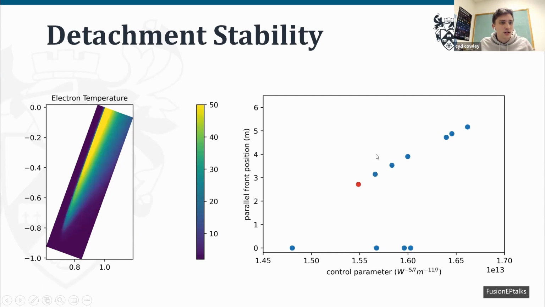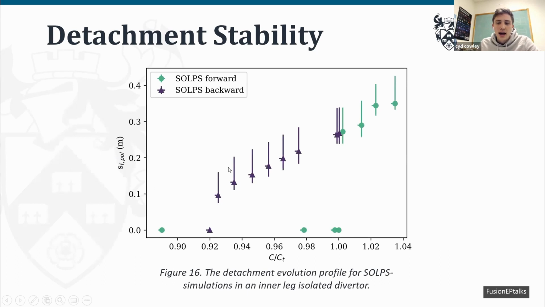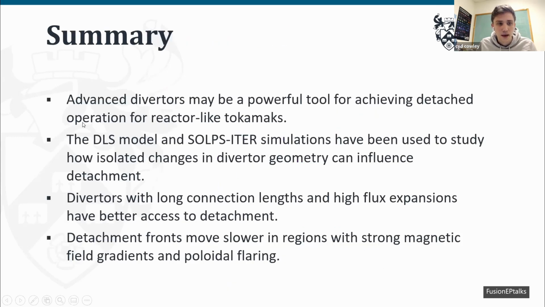So very, very different solutions for the same control parameters. That's just because it depends on what path you take to access these solutions, which we think is quite an interesting conclusion. And as you can see here, here are the different paths that you take going forwards or going backwards. You see this backwards region here would be attached if you were going forwards. The front should be at 0, but when you go backwards, it's not.